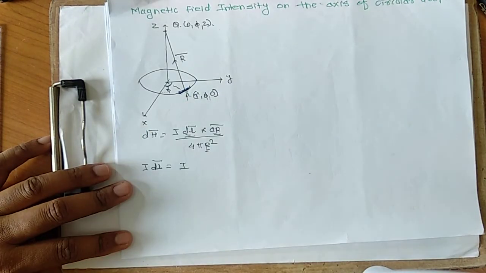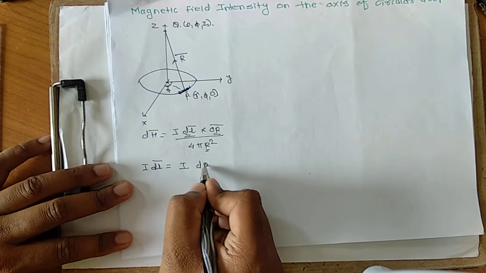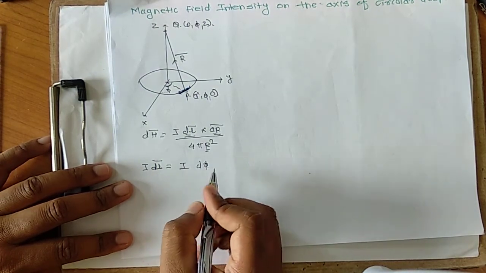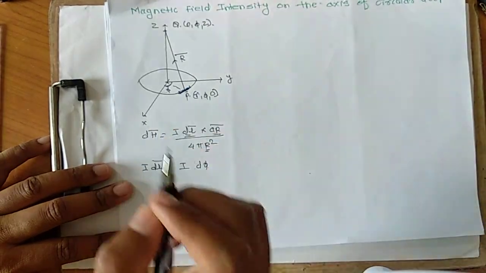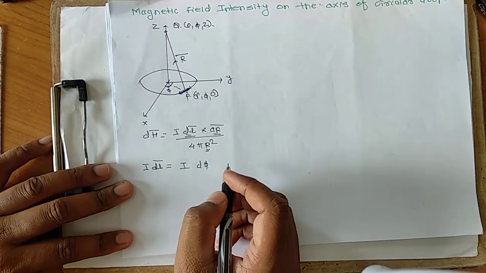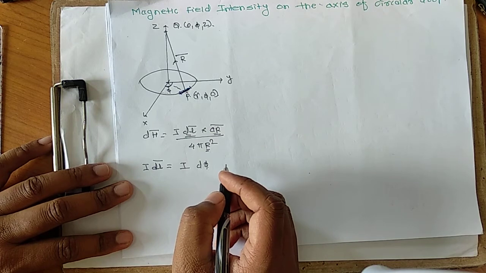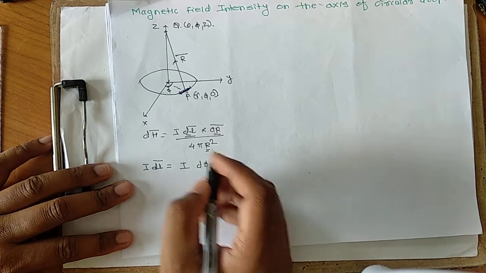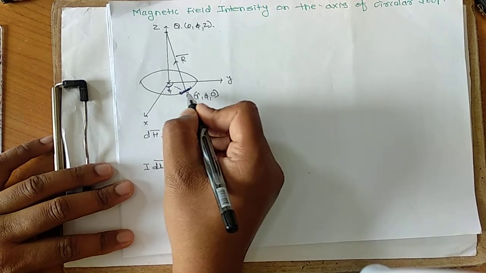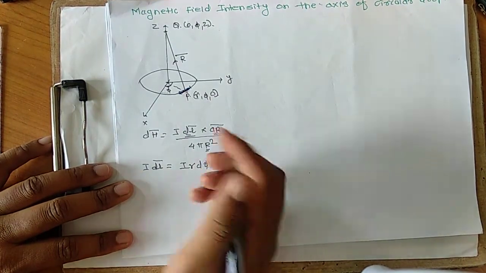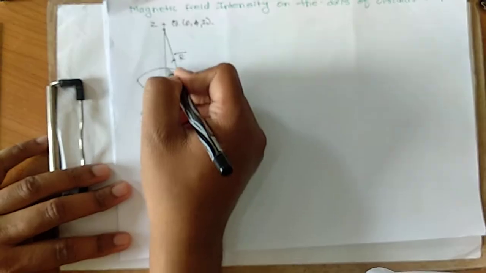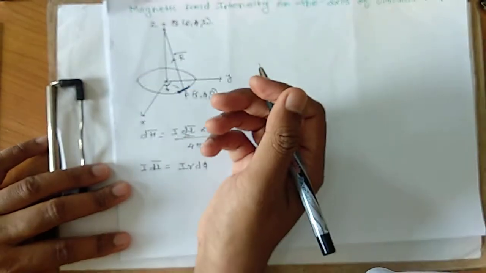So I d phi, but we can't write that d phi as it is, because we have to multiply with the radius. We saw in the vector part, when we started with the vector introduction, that when we say r d phi, it is multiplied with the radius. For other cases, suppose it is moving in the z direction, then you write dz.